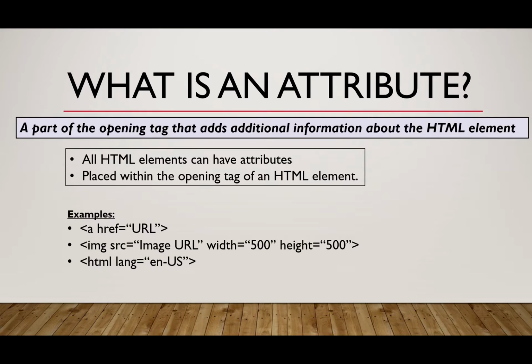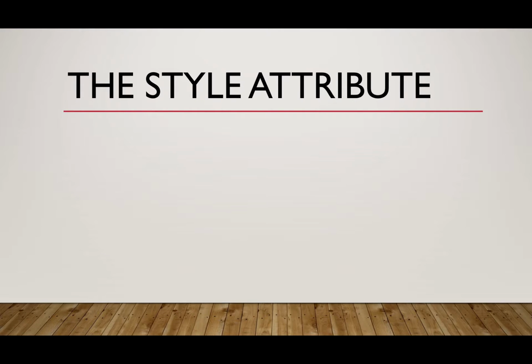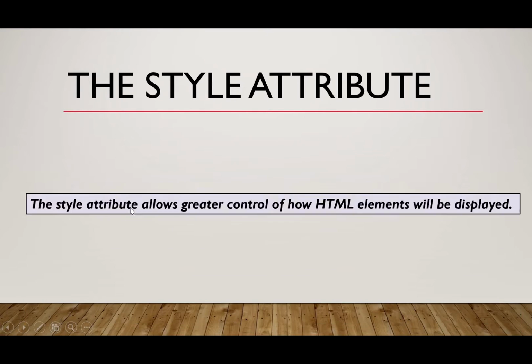Now, in these examples, I did not actually mention probably the most useful attribute there is, and that is known as the style attribute. So this style attribute is actually going to allow us greater control over each of our HTML elements.